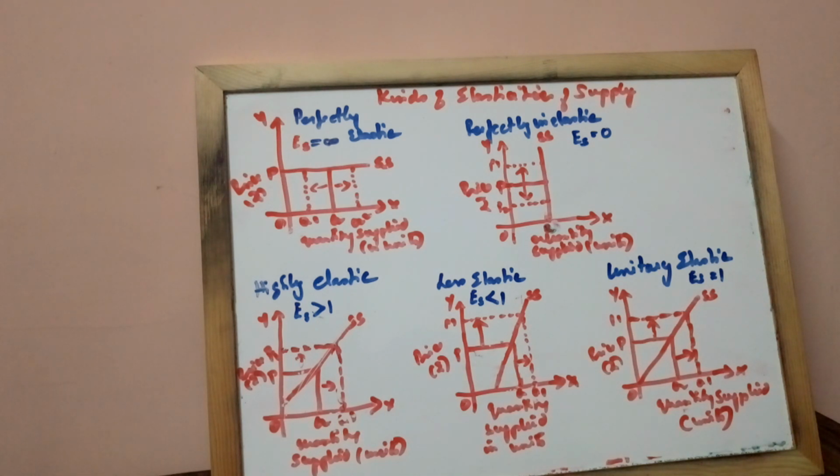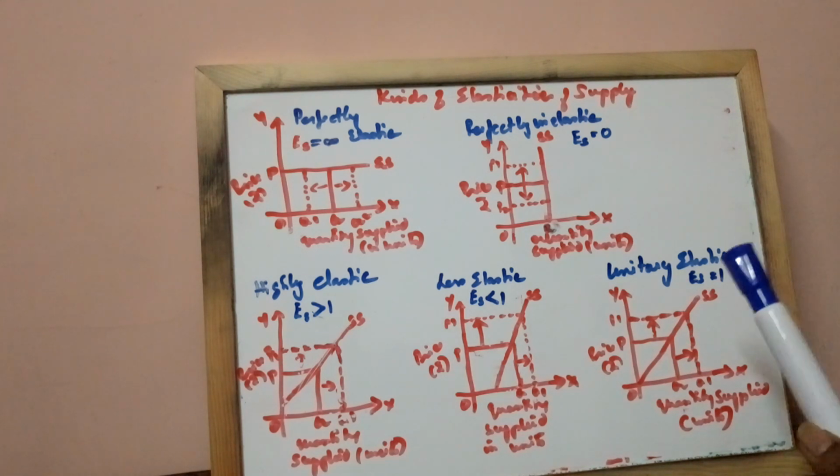Example, 10 rupees per unit. When it is 10 rupees per unit, the supply is 100 units. When the unit price is 15 rupees per unit, 150 are supplied. So you find 50%. The quantity supplied also rises by 50% due to a 50% rise in price.